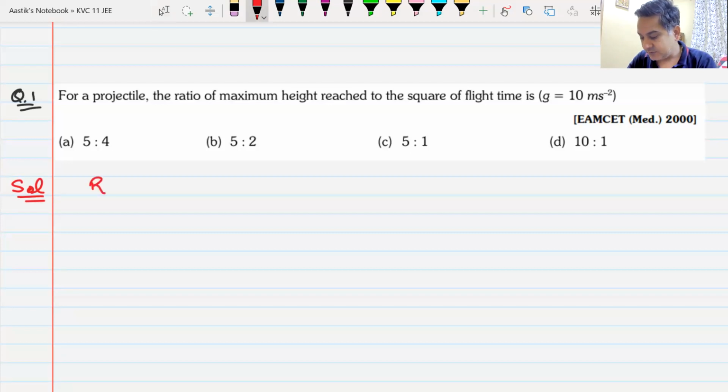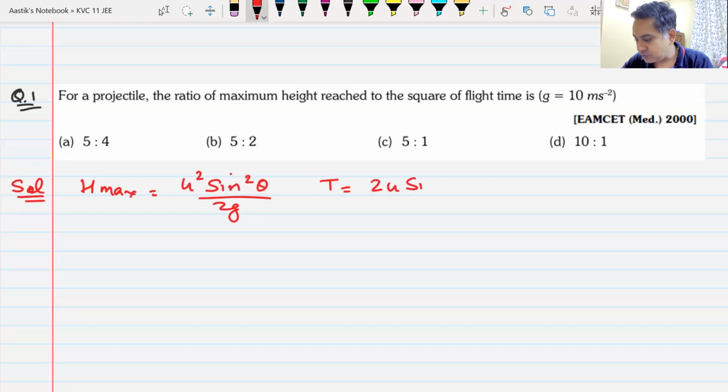Basically, if I talk about range, no, it is not a question of range. It's a question of maximum height. The maximum height H max is u square sine square theta by 2g. The time of flight is 2u sine theta by g. I have to find h by t square.